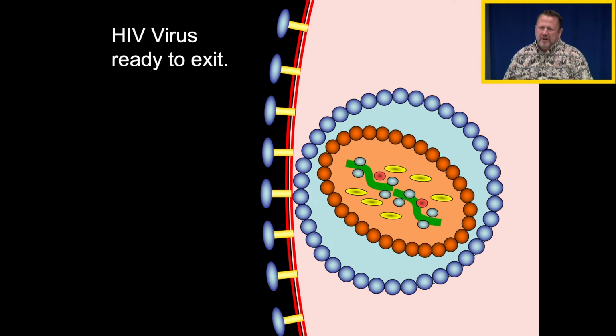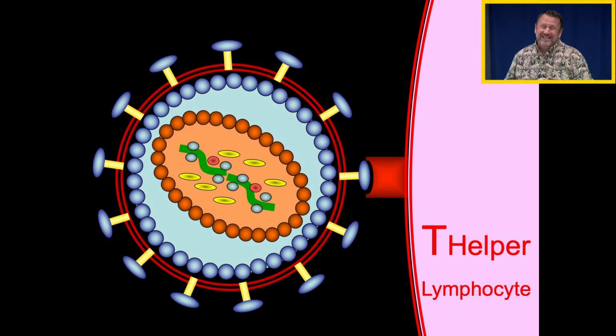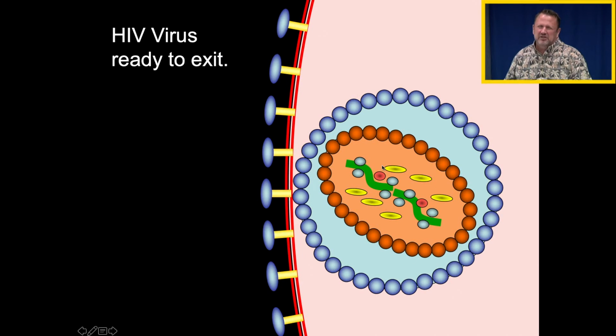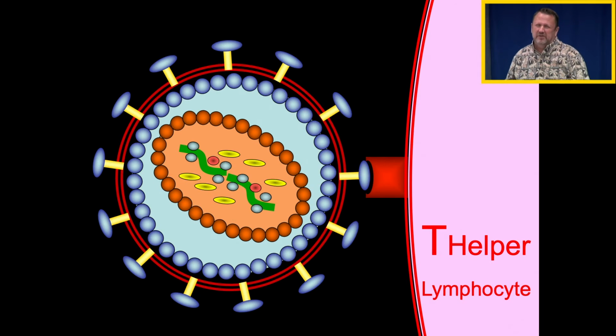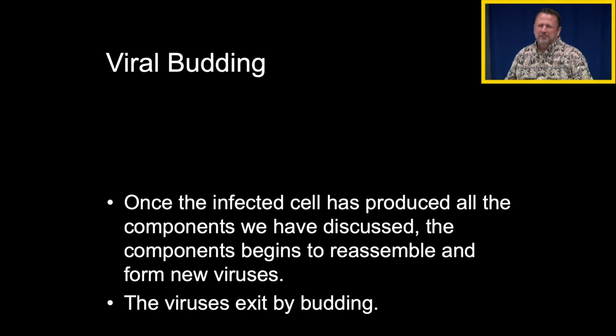Now the virus parts have been made and it's ready to exit, and when it buds off, notice it takes the phospholipid bilayer and the attachment spikes with it. And so not only are we going to use medications that interfere with these enzymes, we're also going to use medications that interfere with not only the virus's ability to attach, but its ability to exit as well.